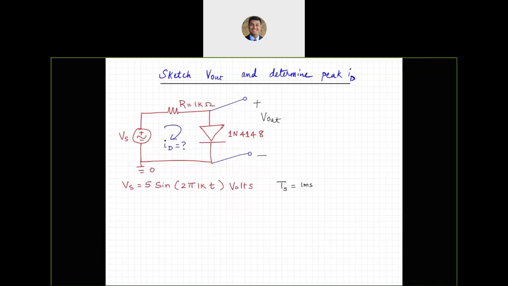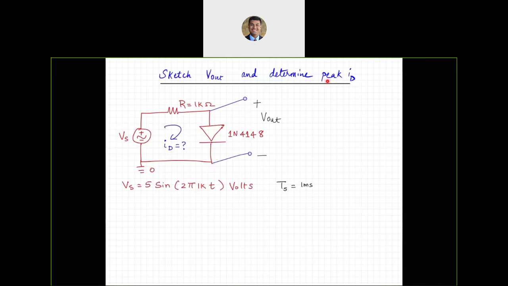The amplitude is 5, and my goal here is to sketch V out, which is the voltage measured across the diode, and also find the peak ID, where ID is the current through the diode. Because we have a sinusoidal AC voltage source which keeps changing, the current also keeps changing.